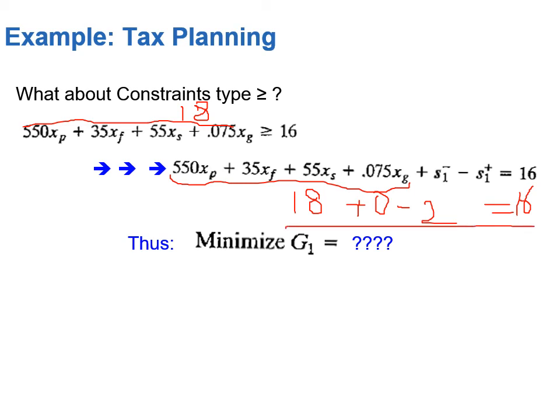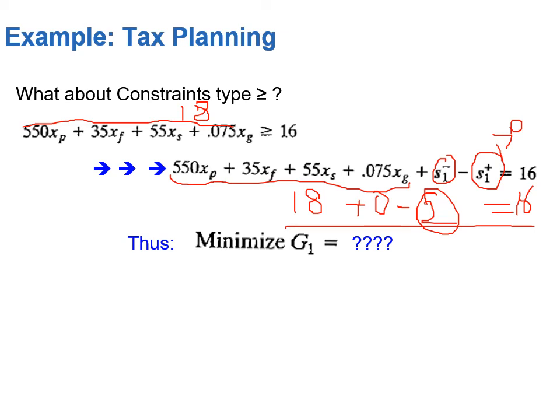So whenever this positive deviation takes a positive value, whenever it is greater than 0, then we are happy, we satisfied the constraint and there's nothing to minimize here. But on the other hand, if this negative deviation was positive, then we couldn't reach our target and we want to minimize the deviation there.